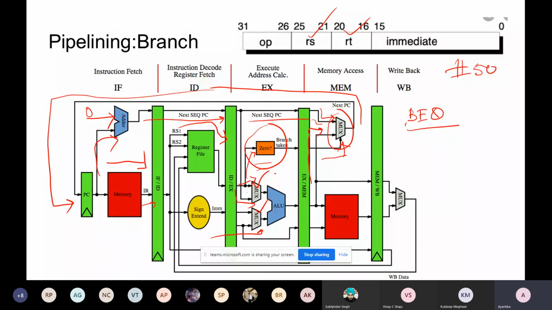There are two possibilities. Sometimes you have to fetch the input from the register file for your ALU. Sometimes you have to consider inputs from the immediate part of your instruction register. That is not coming from any register. That is a direct immediate value set in your instruction.